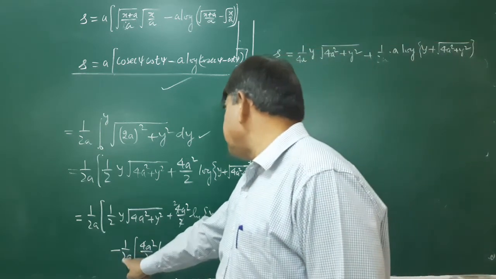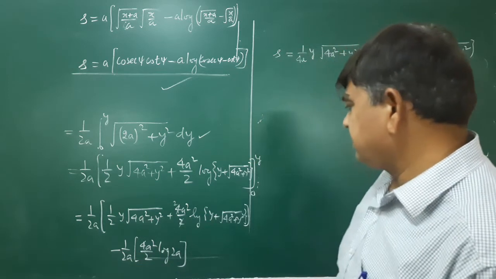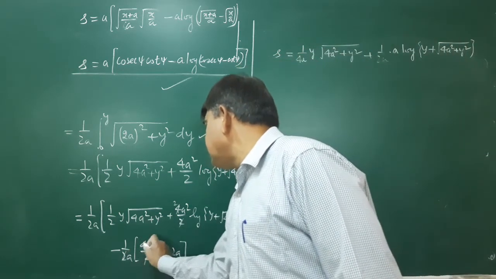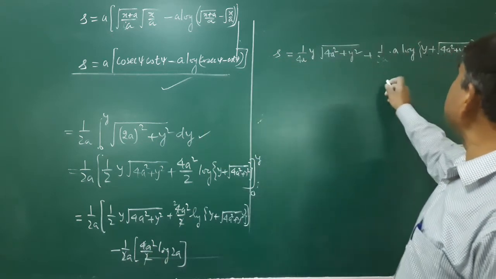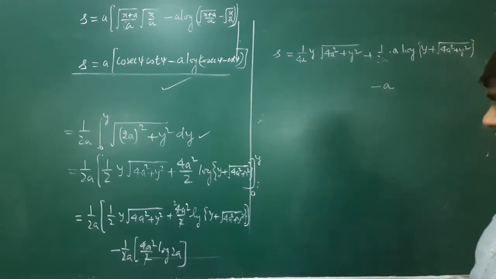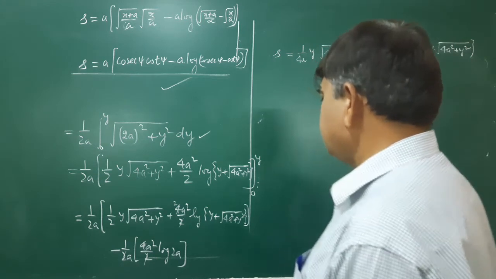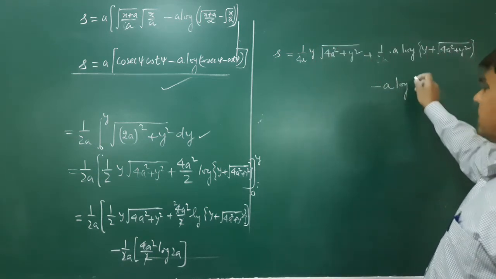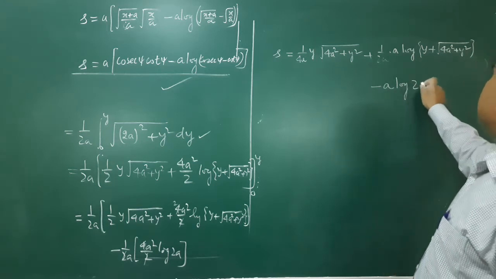Then it is minus 1 by 2a. So this is 2 to the 4. It is minus a log 2a.